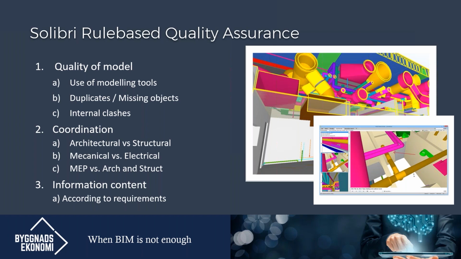You can work with the coordination and check architectural versus structural, mechanical versus electrical, MEP versus architectural and structural, and so on, to make sure that you actually have a clash-free design. And you can work with the information content so that all your set requirements on what data should be in the object are actually there, and there is no contradictory information in it.